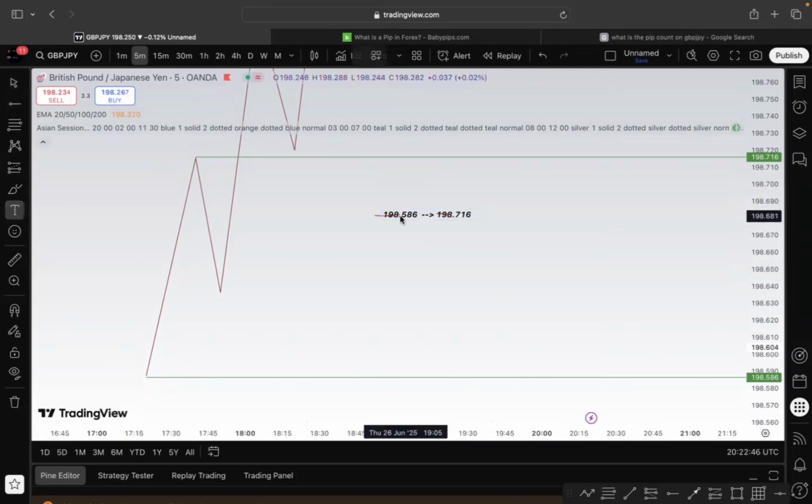Now this is what I would do. I will take these values out like this because I've already scratched out the similar values between the two. Now I'll take the 586 and I will take the 716. My pip count is from 8, right?